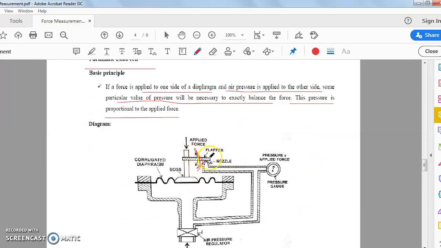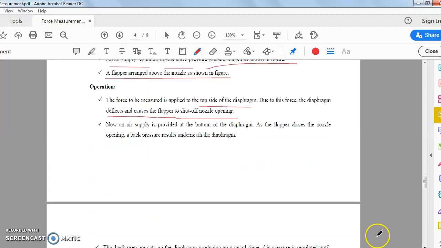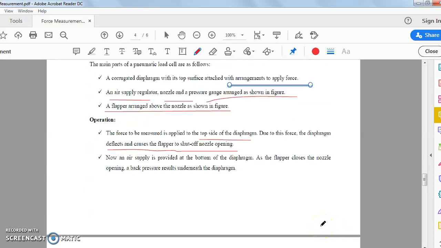This way the flapper helps to open or close the nozzle mouth, and this way the force is being transmitted. The flapper actually governs the control of the opening and closing of the nozzle.